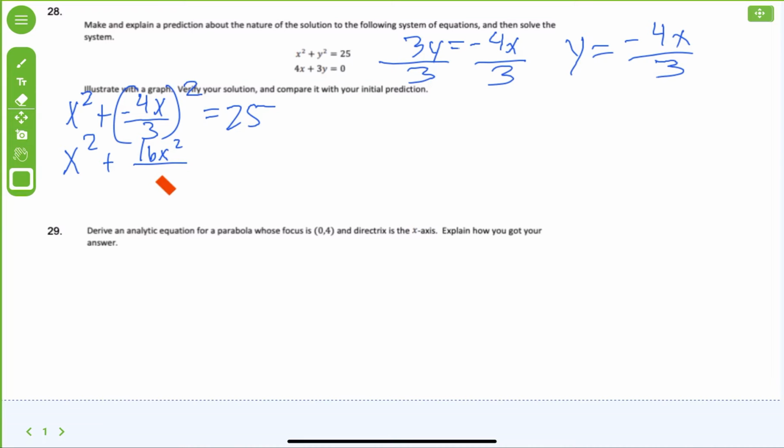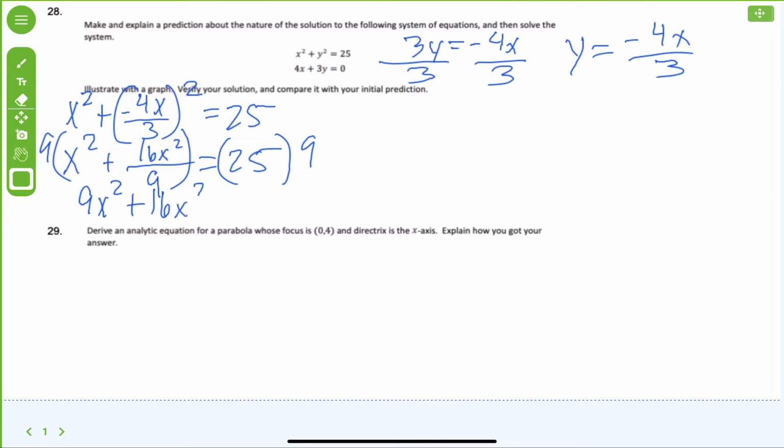That should be a 9 there because it's squared. Is equal to 25. So to get rid of this 9, I'm going to multiply everything by 9. So that will leave me with 9x squared plus 16x squared is equal to, let's just leave that right now as 25 times 9.